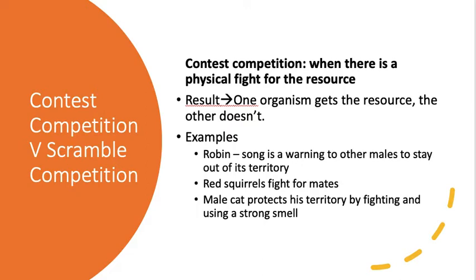Red squirrels will actually fight physically for mates as well, and a male cat will protect his territory by fighting or by using a very strong smell, leaving his smell all over his territory. And in all of these cases, one individual is getting all of the resource and the other is getting nothing. So it's an all or nothing contest competition.